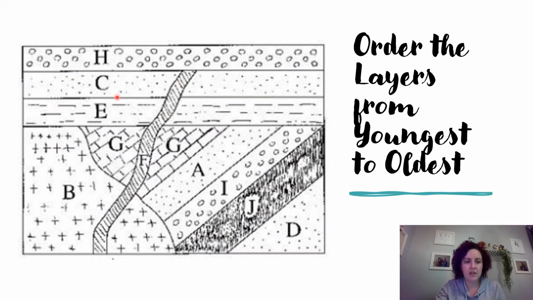It goes from B to E, then C, and I see that F stops right here. So then H finishes out on top. From youngest to oldest, we have H, F, C, E, B, G, A, I, J, D.